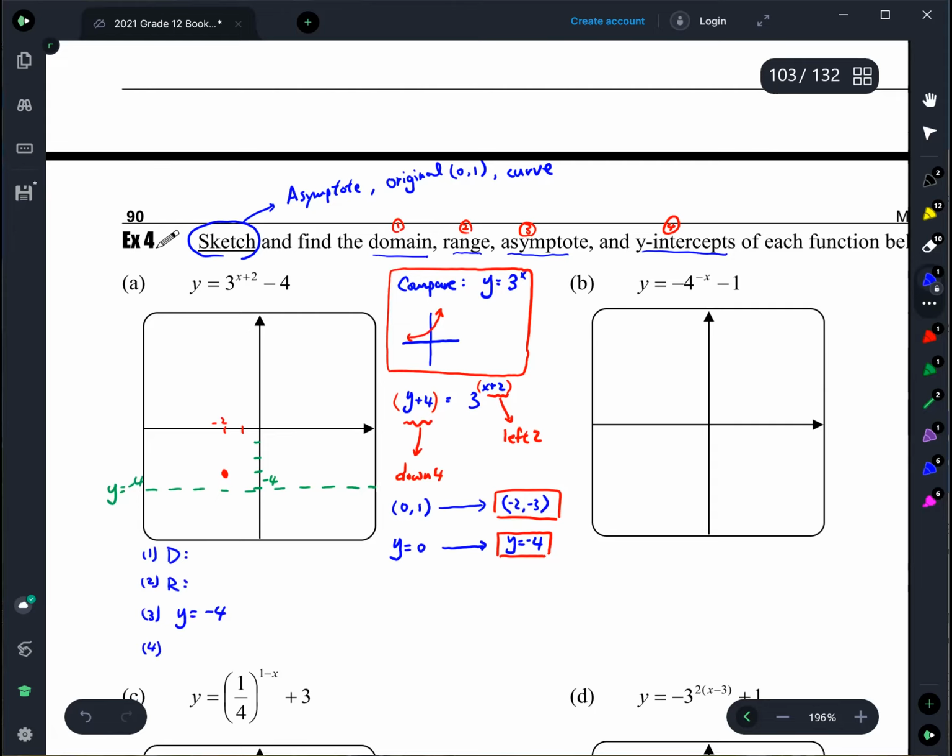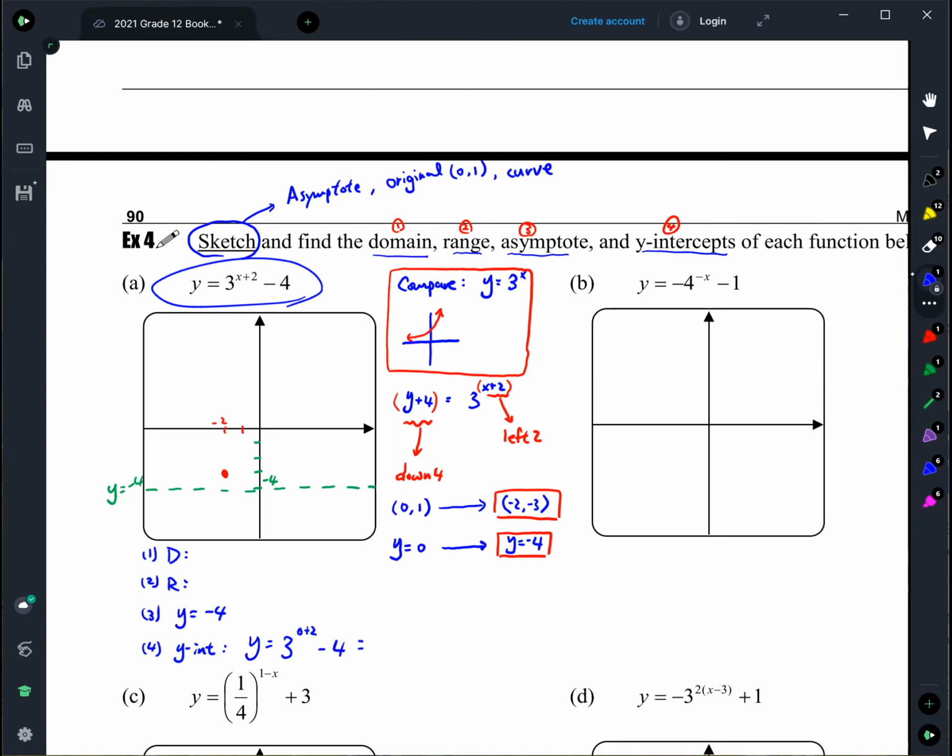Y-intercept. Okay, to find the y-intercept, we need to make x equal to 0. So we plug it into our function. Y equal to 3 to the 0 plus 2 minus 4. Okay, can you please calculate this value? Okay, raise your hand if you got that. Our y-intercept. Okay, plug in x equal to 0.